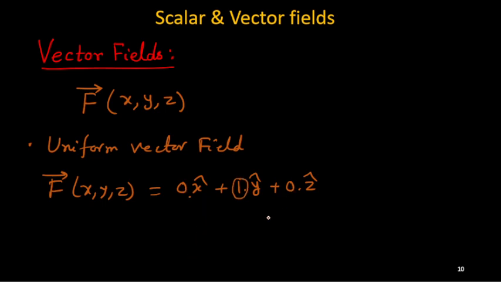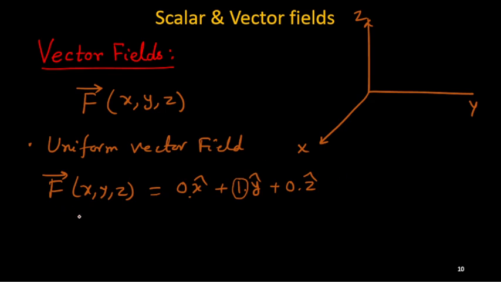So can you draw this vector field? Okay, so I'll try to draw this vector field. Listen to it carefully. First I'll show you the axes. So these are three axes. This is x, it is y, and this one is z. Right?